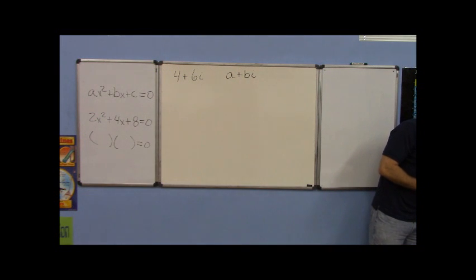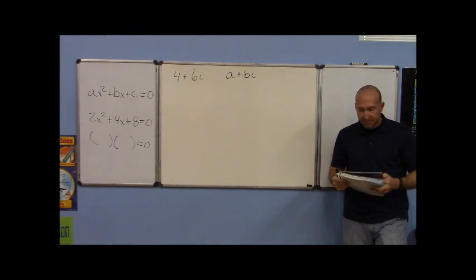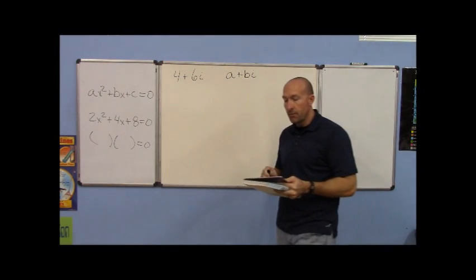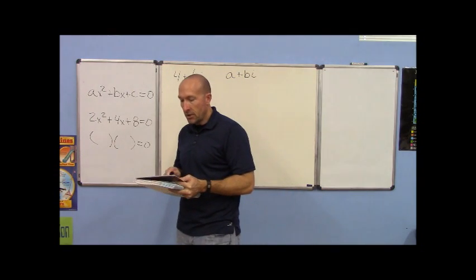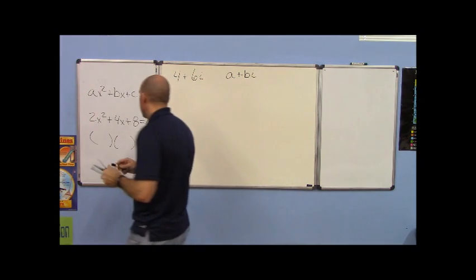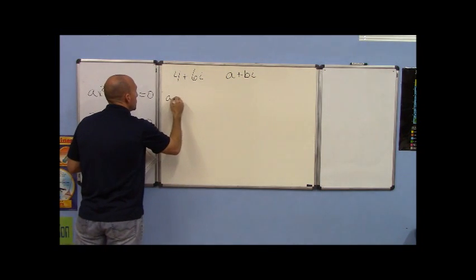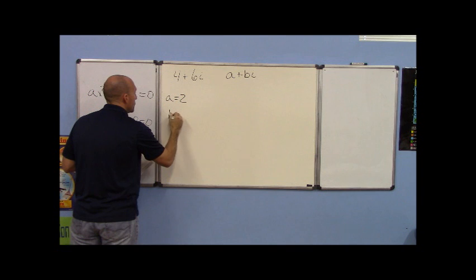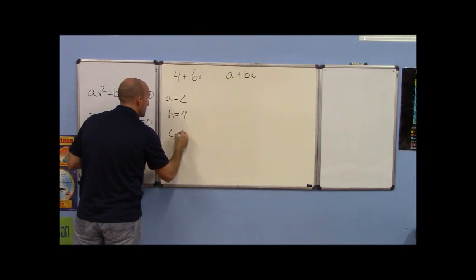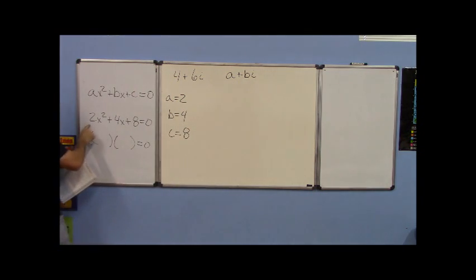With that, if you look at the top of page 334, you have the quadratic formula that you can use, and you simply identify, like on this one, A equals 2, B equals 4, and C equals 8. A is 2, 4 is in the B spot, and 8 is in the C spot.